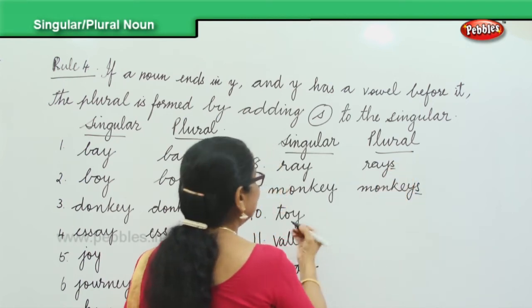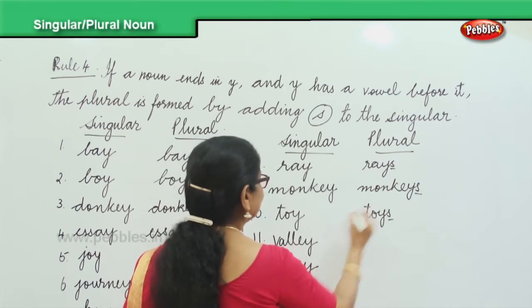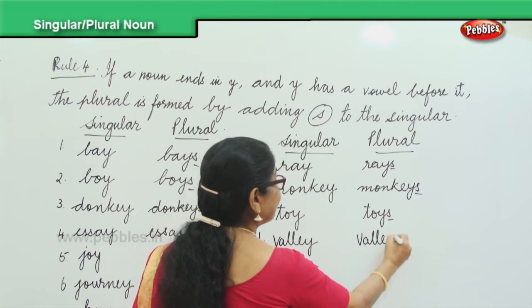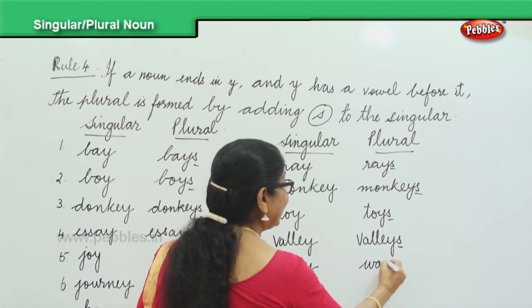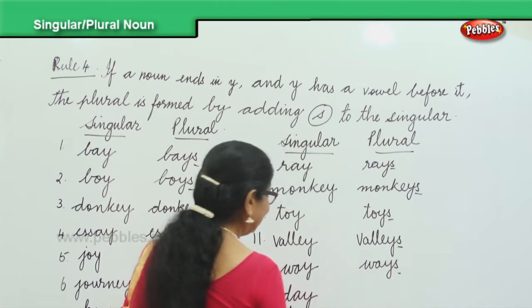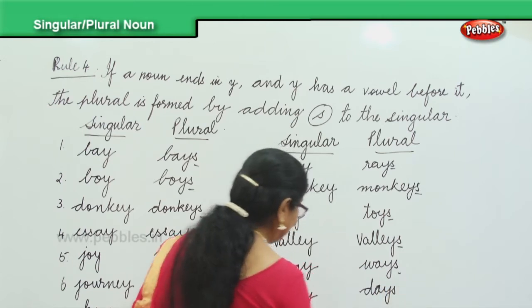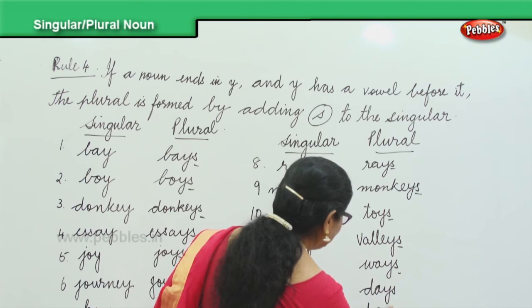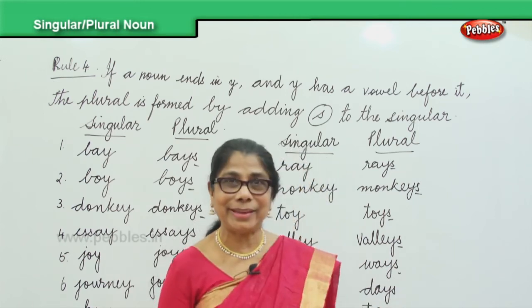Just add S. Toy, toys, valley, valleys, way, ways, day, days, and finally, you're talking about the building stories. Story, stories. It's a different story.